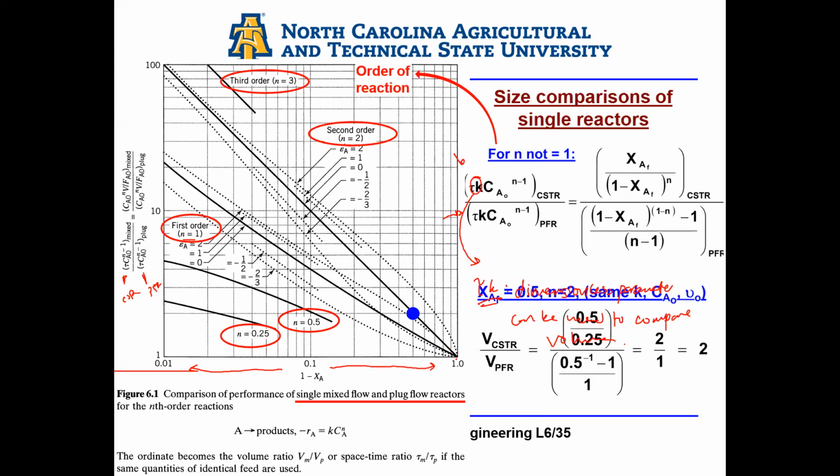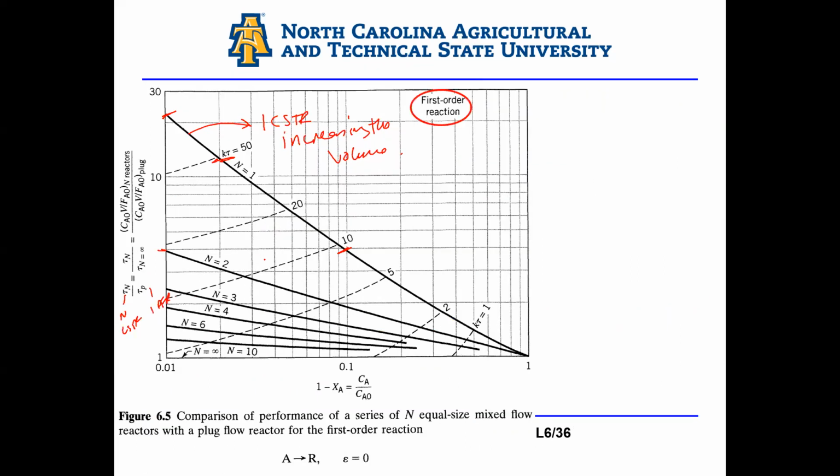Even if you want a conversion of 0, or a conversion of 0.01, a very low conversion, then a CSTR and a PFR with the same volumes will give you this very same low conversion. However, if you're targeting a much higher conversion, or an intermediate conversion, you'll need a much larger CSTR to achieve this conversion compared to a PFR. Okay?